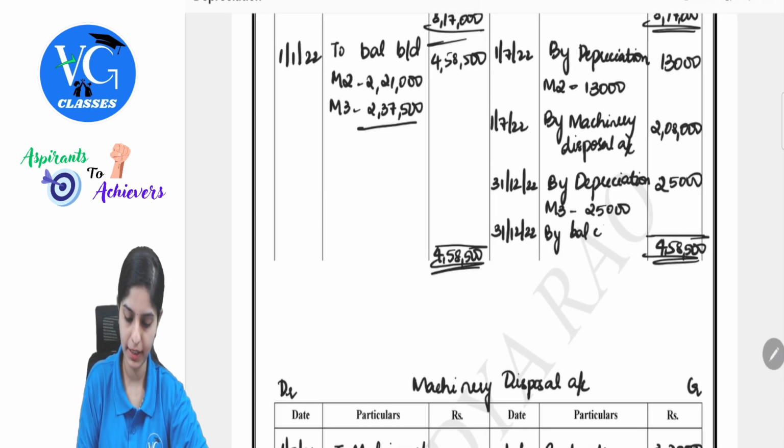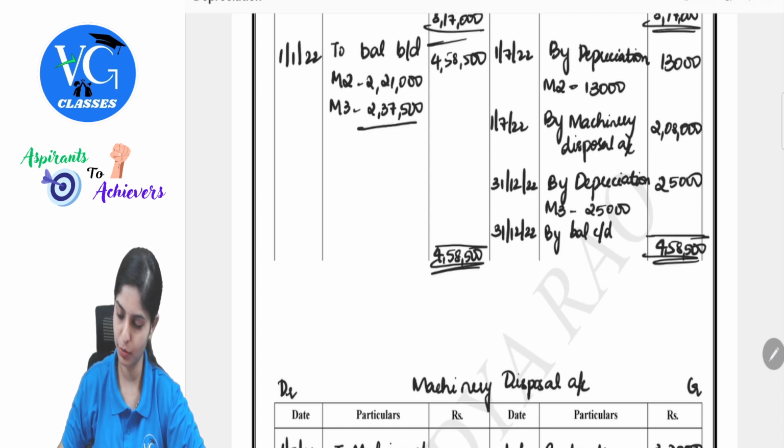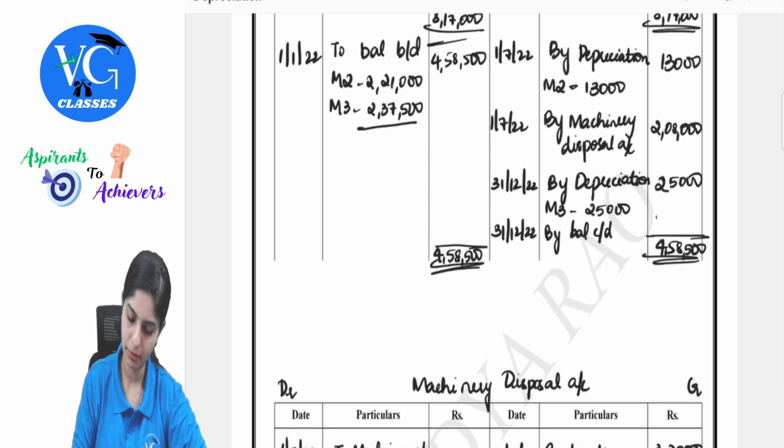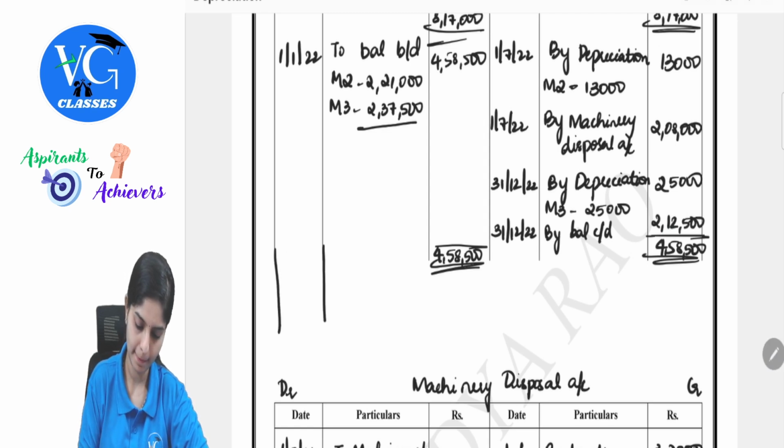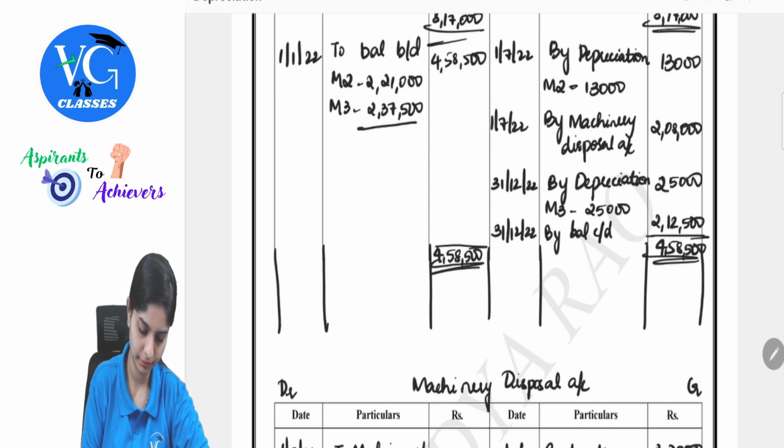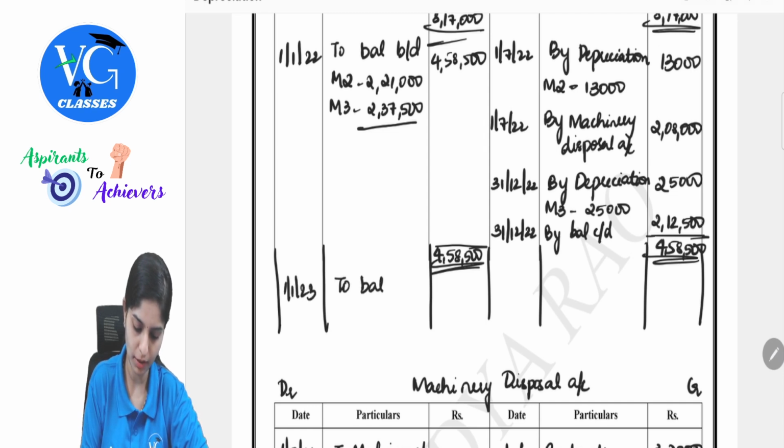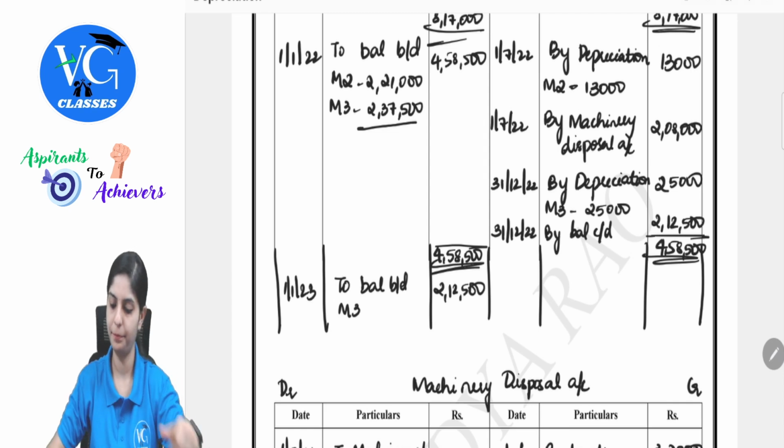By balance carried down, 237,500 minus 25,000, that will be 2,12,500. 1st Jan 23, to balance brought down, machinery 3, 2,12,500.